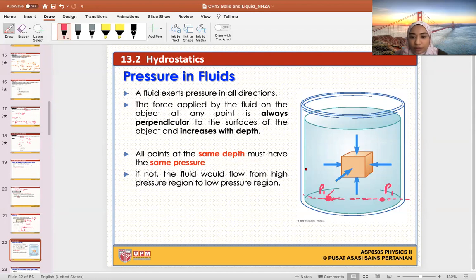So pressure only depends on the depth. If this guy is 10, this guy is also 10. This guy should be greater than 10, let's say 20. So it only depends on one quantity, which is depth. When you depend only on one quantity, it becomes a scalar lah. If it depends on multiple directions, contohnya we had X, Y, Z, right? Here it only depends on going down further, increases in pressure. That is why it's a scalar.